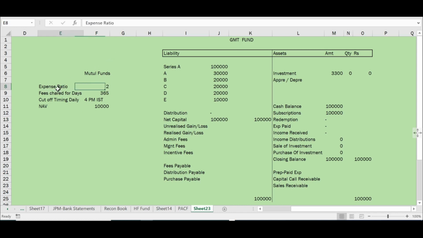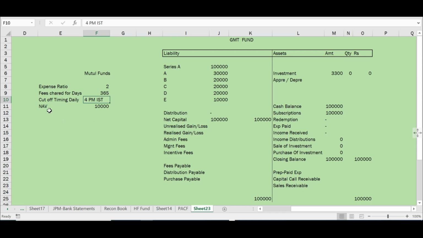Fees will be charged for 365 days in a year, and the cutoff timing of the daily NAV would be 4 p.m. IST, Indian Standard Time. So every day fees will be calculated and published on or before 4 p.m.